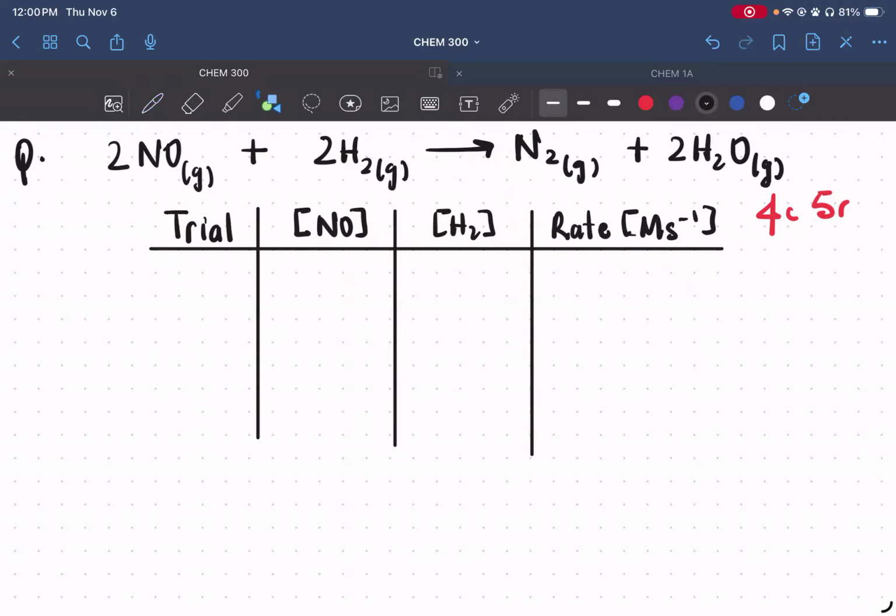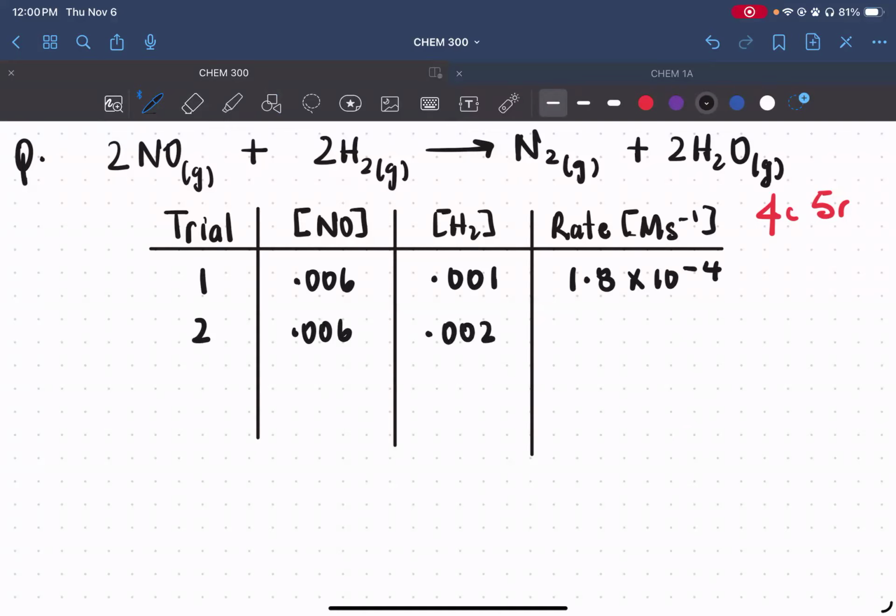Okay. Going to give you a couple of trials. Trial 1, 0.006, 0.001, 1.8 times 10 to the negative 4. Trial 2, 0.006, 0.002, 3.6 times 10 to the negative 4.